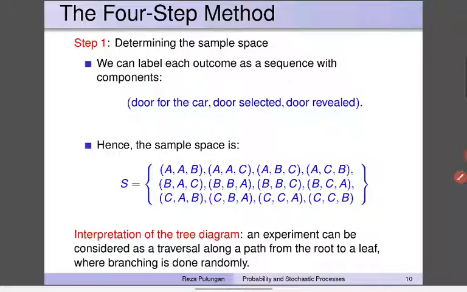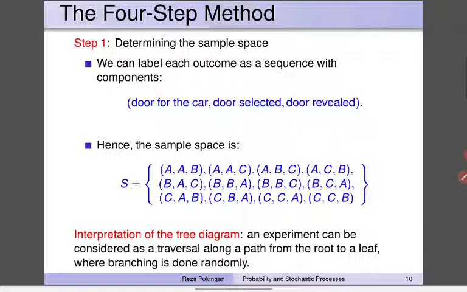Now we can label each outcome as a sequence of components to help us. This is a sequence that consists of three components. The first component is the door for the car. The second one is the door selected by the player, and the third one is the door revealed by the host.